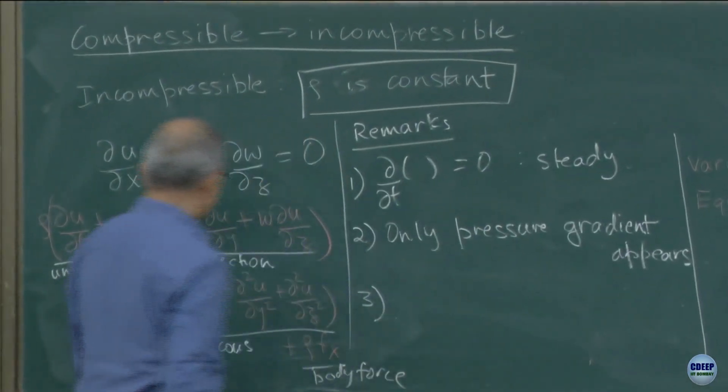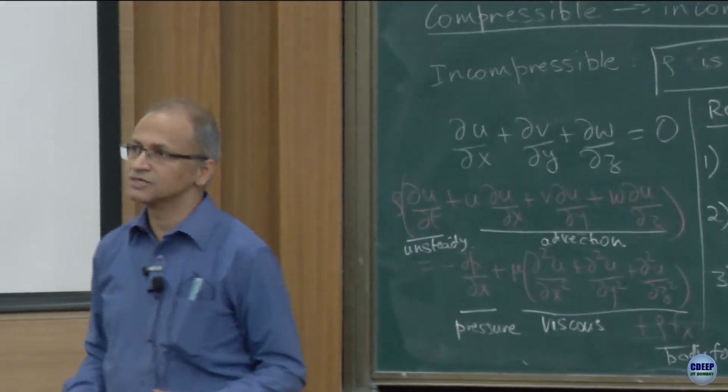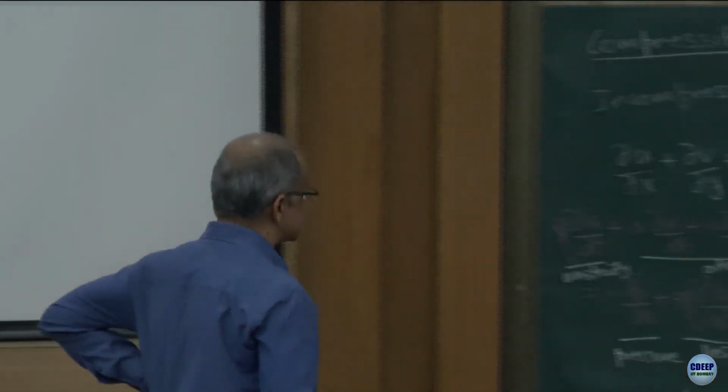We can also understand how many boundary conditions we need. This is the first time we are introducing this idea of boundary condition. So how many boundary conditions do we need to solve this equation? So 6, how do we arrive at 6?